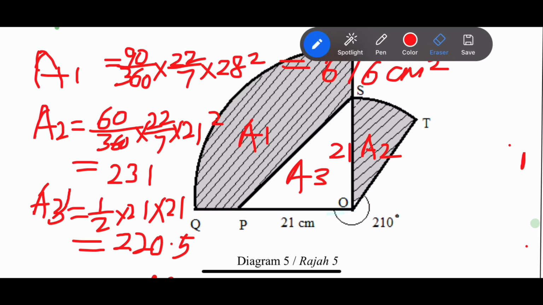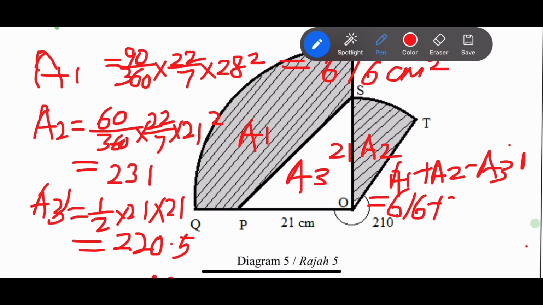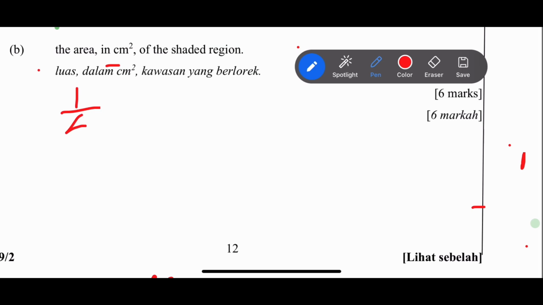So now we actually just want the area for the shaded region. So we will take area for quadrant plus area for the sector minus area of the triangle. So we will take 616 plus 231 minus 220.5. So in exam, you have to write your answer like this.